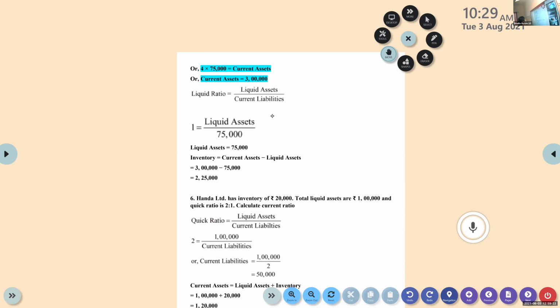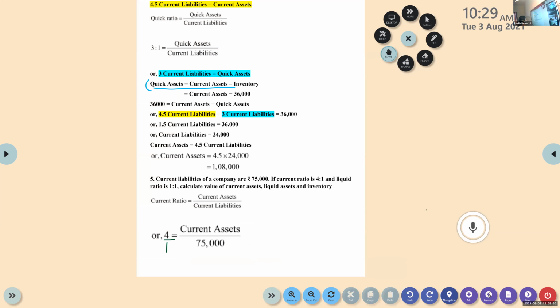Coming to the next ratio, again we have liquid ratio is equal to liquid assets divided by current liability. Now check what are the ratios given.